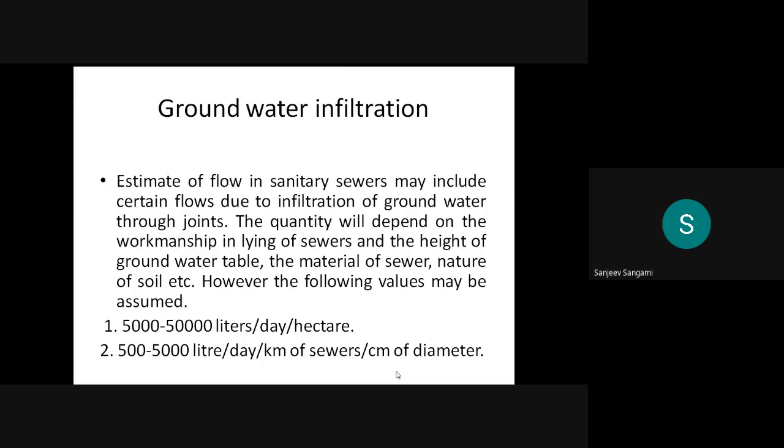If you see the range, it is 5,000 to 50,000 liters. It depends on the type of soil and the type of topography, and in some cases we have to assume it. Sometimes you can use 5,000 to 50,000 liters per day per hectare. Or 500 to 5,000 liters per day per kilometer of sewer per centimeter of diameter. We can assume it in that way also.